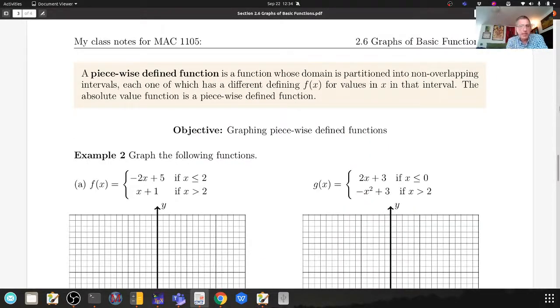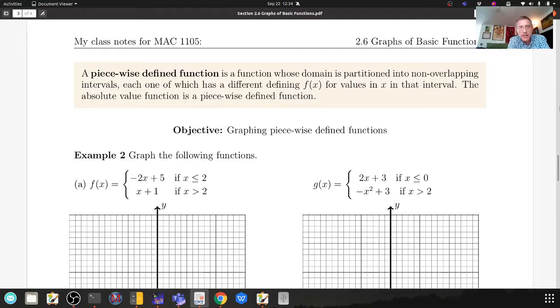So this is a piecewise defined function. If you were in intermediate algebra, this is a section we skipped. These are really easy to do, but on the exams, students really miss these functions in their graphing. So pay attention now.